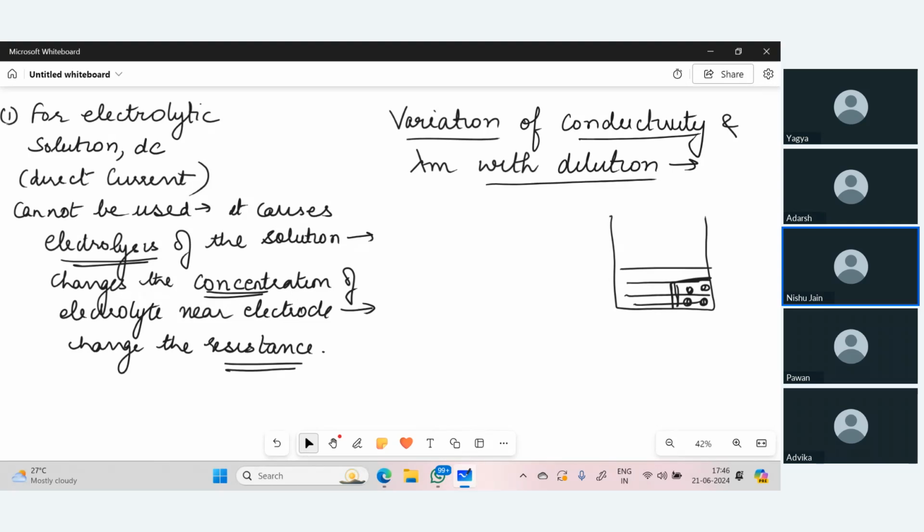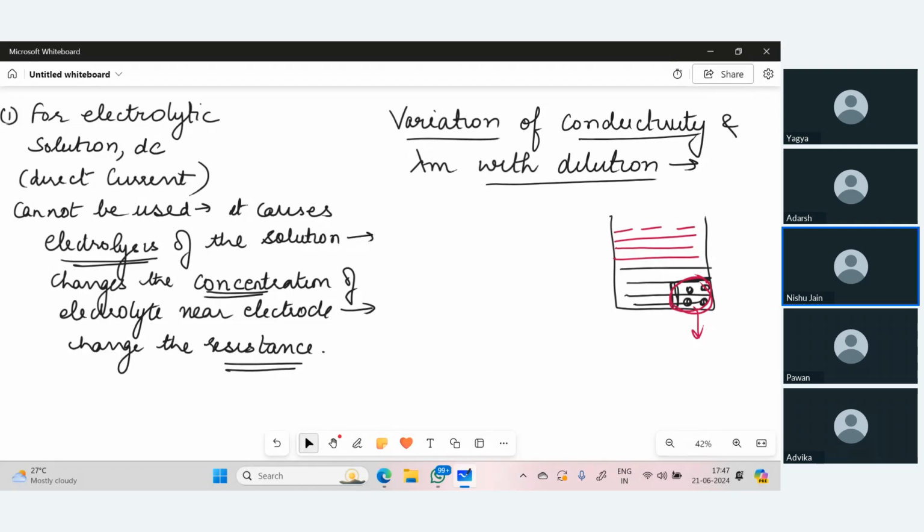So when I dilute the solution, I will add water to this. Now I have diluted the solution. On adding water, these ions will get distributed in more volume. Initially in this volume, you have 4 ions. But when you add water, these ions get distributed in more volume. So number of ions in this particular area, will it increase or decrease?